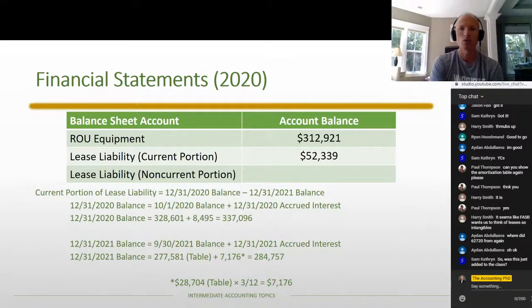So the table shows us that the 9/30/2021 balance would be $277,581, and then we add the amount of accrued interest, which can be calculated using the table's interest expense times 3/12. Again, this is where it gets really complicated, which is why I've always been hesitant to test students on this. But in total, the total balance in our lease liability account at the end of 2021 would be $284,757.